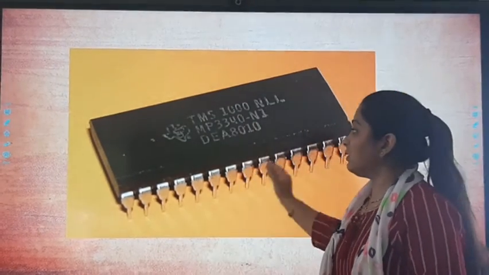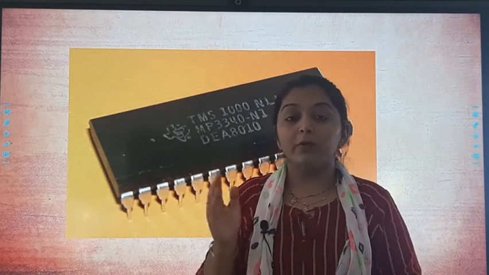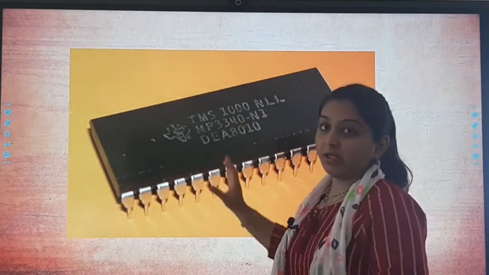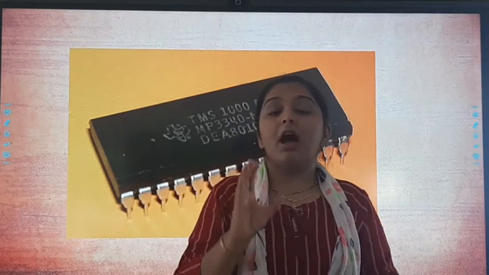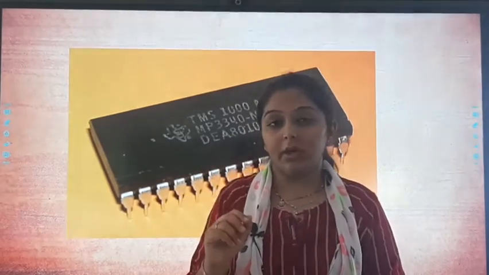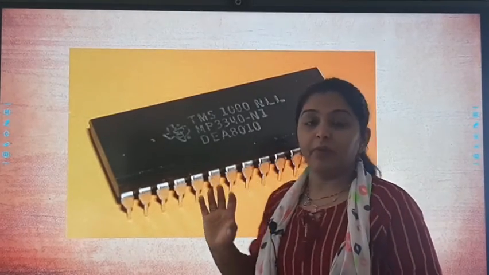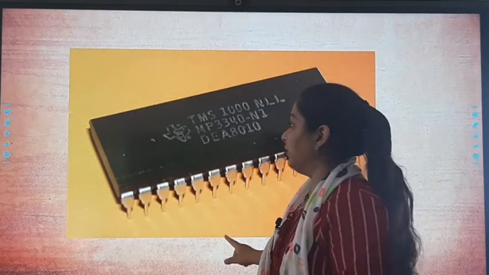You can also say it is a central processing unit which is being fixed on the integrated circuit. It is a type of integrated circuit, that is IC. Okay, this is a CPU. Is it clear, dear children?